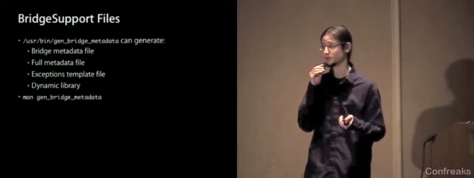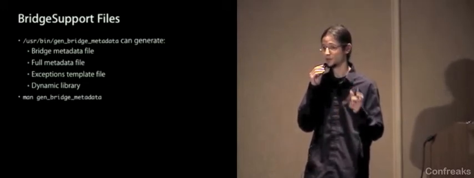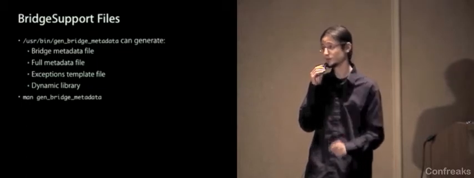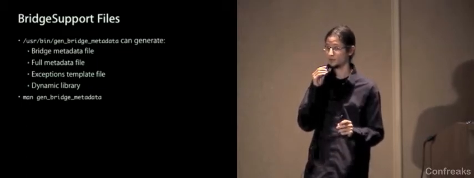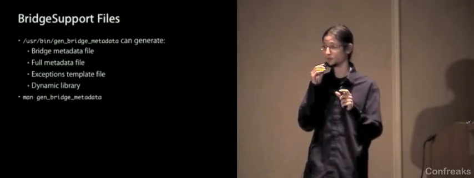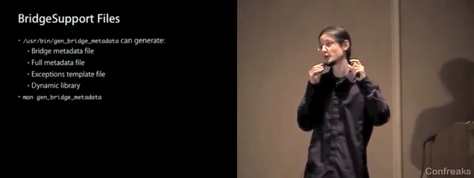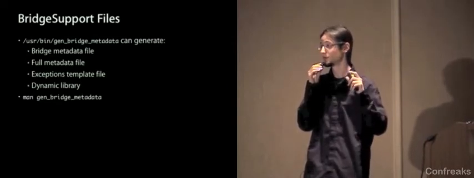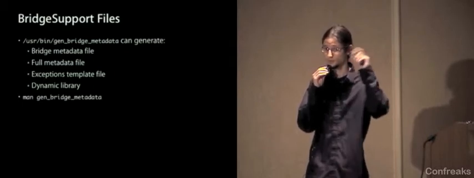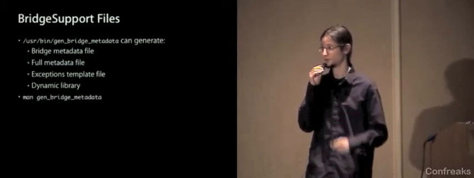There is no way to know that. So if you need to provide special annotations for this kind of thing, you need to write exception files and then give the exception files to the metadata generator in order to generate the final format. And gen_bridge_metadata can generate a template for you. You just have to change what needs to be changed.